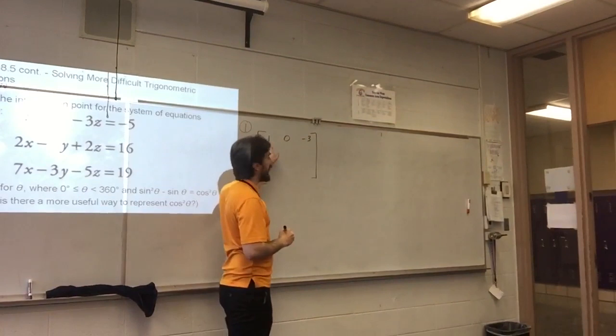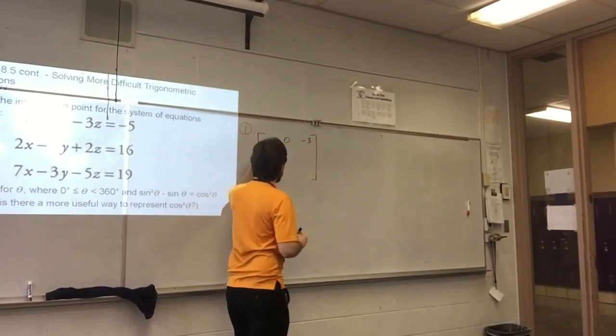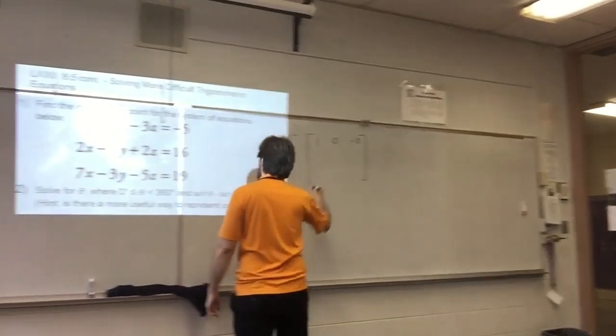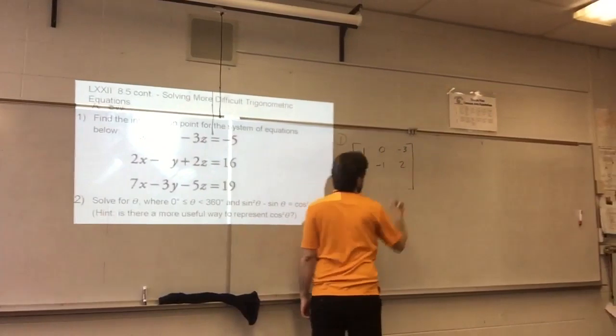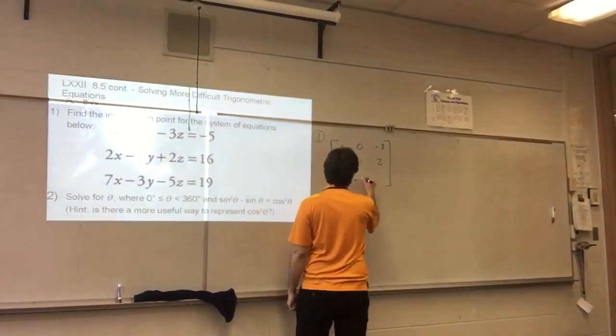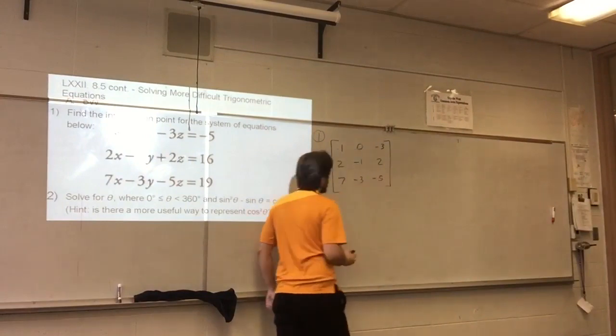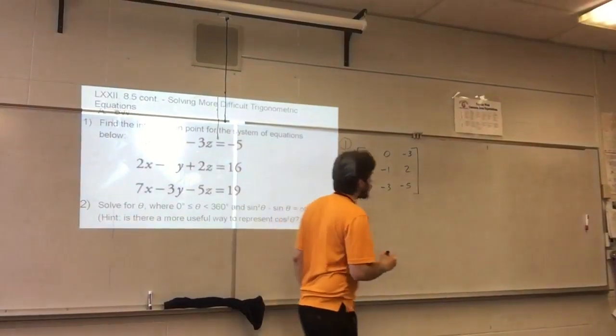We have 1 x, 0 y's, -3 z's. What's the second row going to be? 2, -1, 2. Third: 7, 3, -5. Okay, so that is a matrix representation of the left side of these equations.